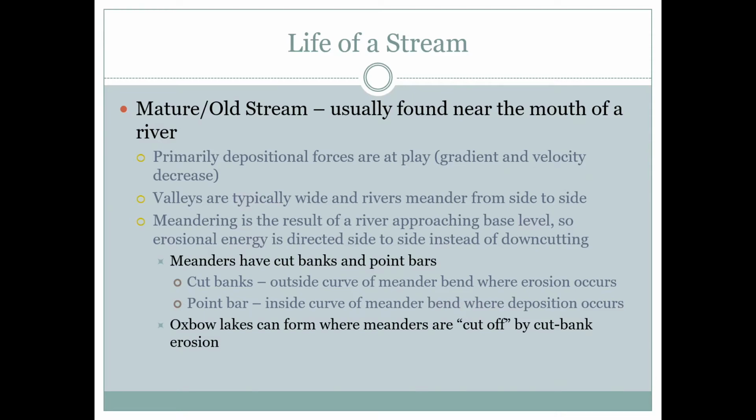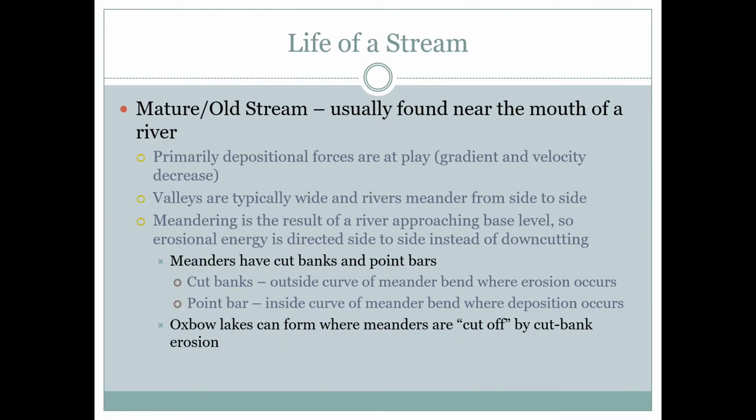And the reason is because you're getting near base level in a mature or old stream when you're downstream near the mouth of a river. And so erosion can't happen vertically anymore because we're getting near base level. So what happens? It happens left to right. Now, again, deposition is the primary thing, but there is still some erosion going on. But that erosion can't go down. It's got to go side to side. And so meanders are what form.